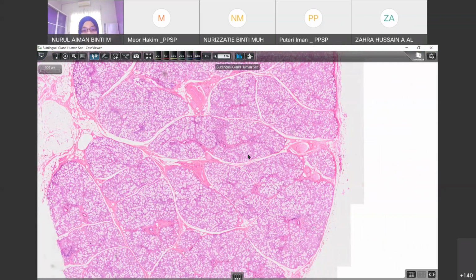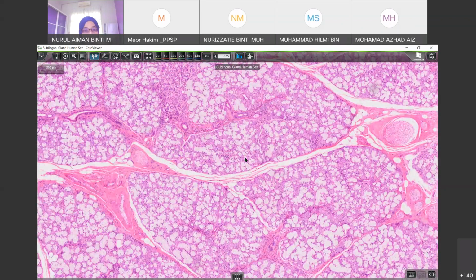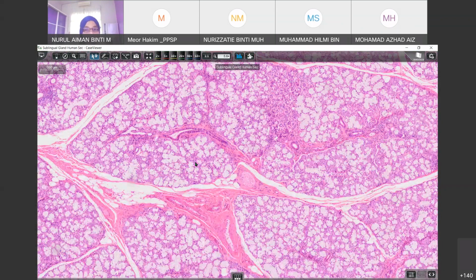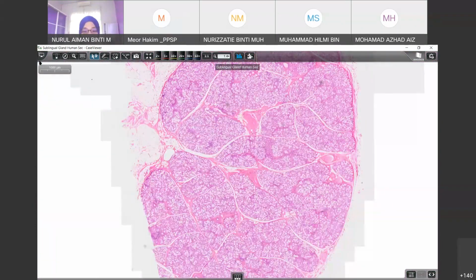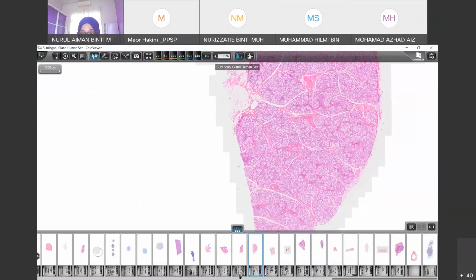Sublingual or submaxillary just now? Sublingual. Yes, not submaxillary. How do I look at it? Oh, sorry. There is a slide just now.